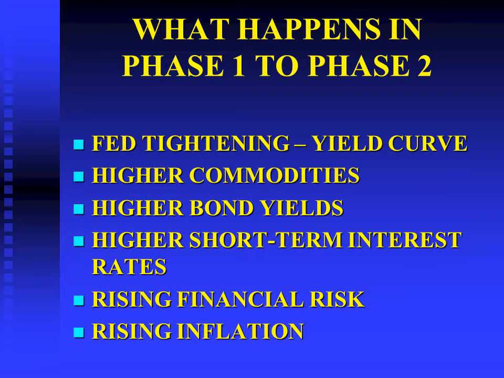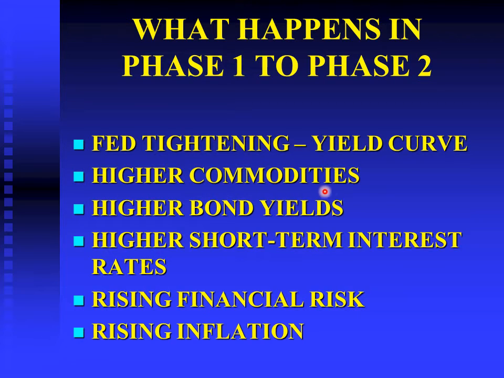Investment strategy is a very dynamic process, and it depends on your understanding of where we are in the various phases of the business cycle. So let me repeat what happens when you move from phase 1 to phase 2. You're beginning to see the Fed tightening. The yield curve is steep, but slowly and gradually in phase 2 starts flattening.